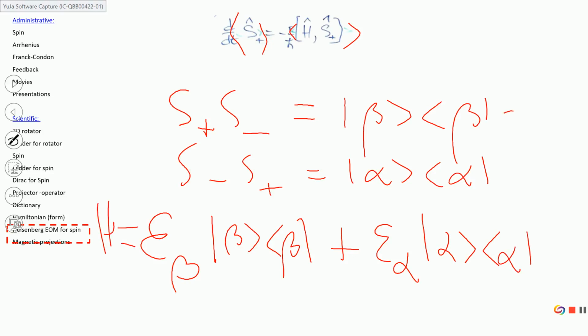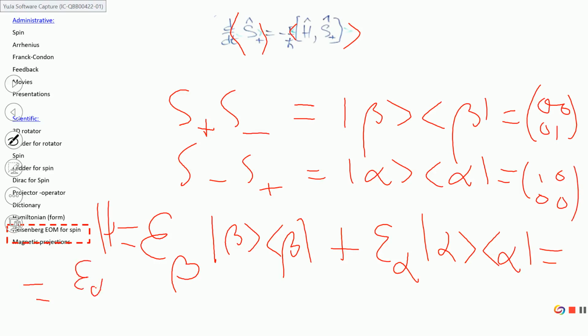So beta beta is 0, 0, 0, 1, alpha alpha is 1, 0, 0, 0. If we do this Hamiltonian, it will be E alpha, E beta, 0, 0. The Hamiltonian is diagonal, right? And it is just the Dirac form of expressing the Hamiltonian.